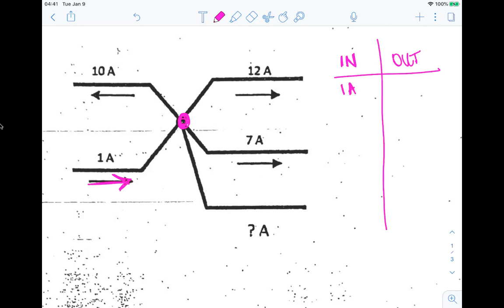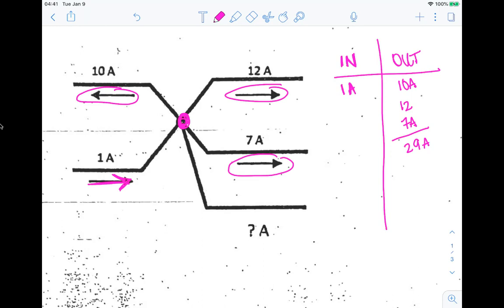Then I have 3 currents flowing out: 10 amperes, 12 amperes, and 7 amperes. This gives us a total of 29 amperes out of our junction.